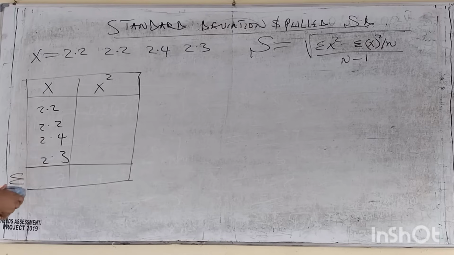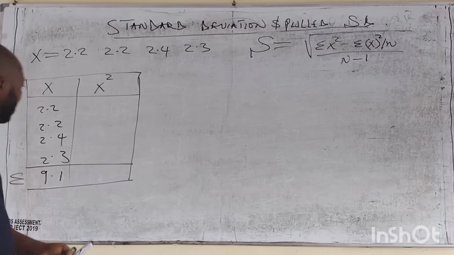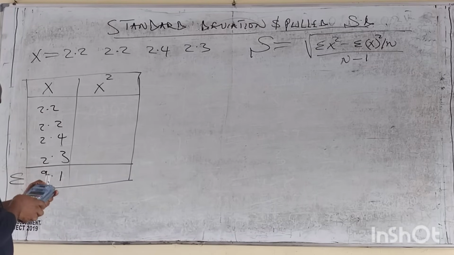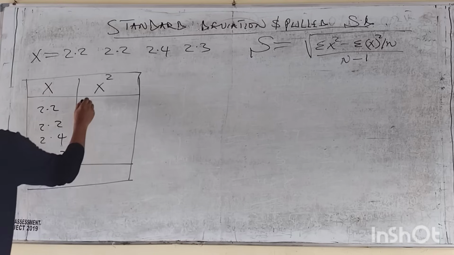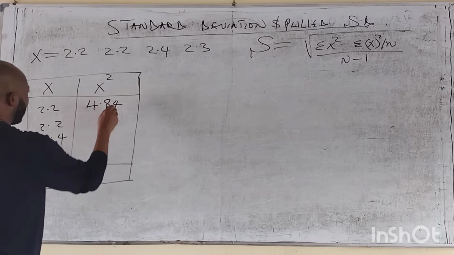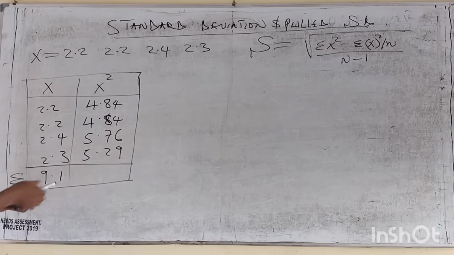Let me start with this: 2.2 plus 2.2 plus 2.4 plus 2.3. This is 9.1. So square them all. 2.2 squared, I have 4.84. So I have to sum them up.